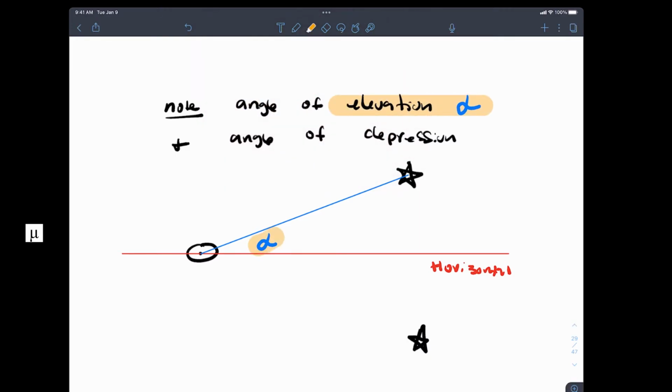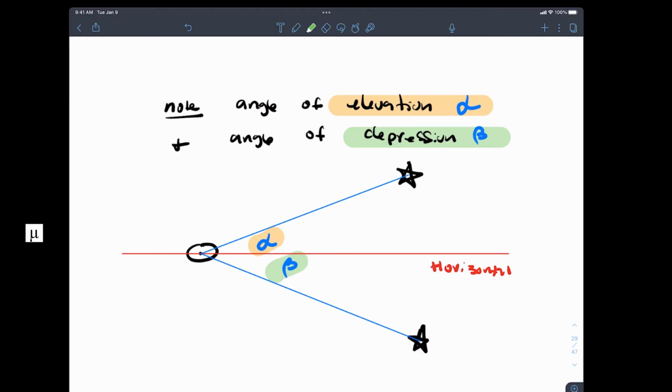Just as a reminder. And it's always the angle, always, always, always between those two lines, okay? And then you say, well, what's this other one? Well, down here, you're going to have this beta. It's an angle of depression. That's beta. And that's an angle between a horizontal and an object.